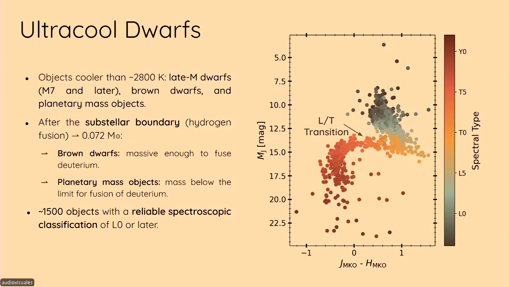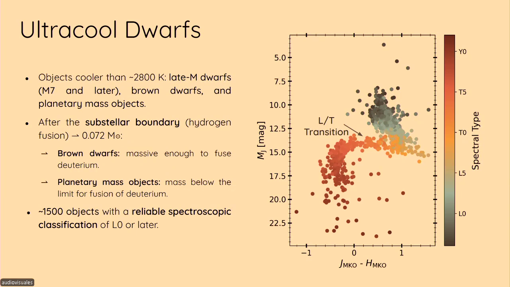And we can use these objects to build the HR diagram, but this time in the near infrared. So in the figure we have now, in the y-axis, the absolute magnitude in the J band, and in the x-axis, we have the color between the J and the H near infrared bands.